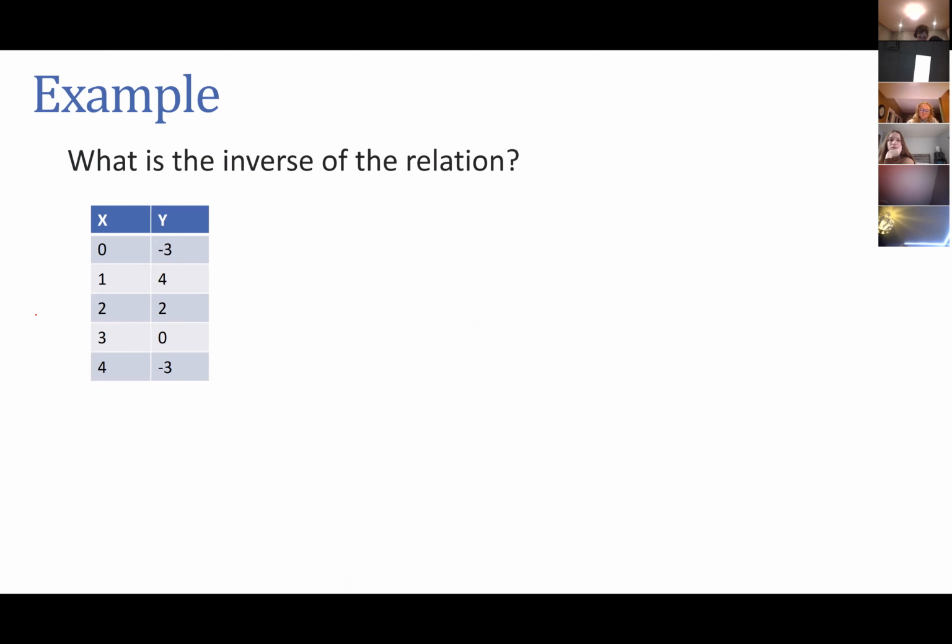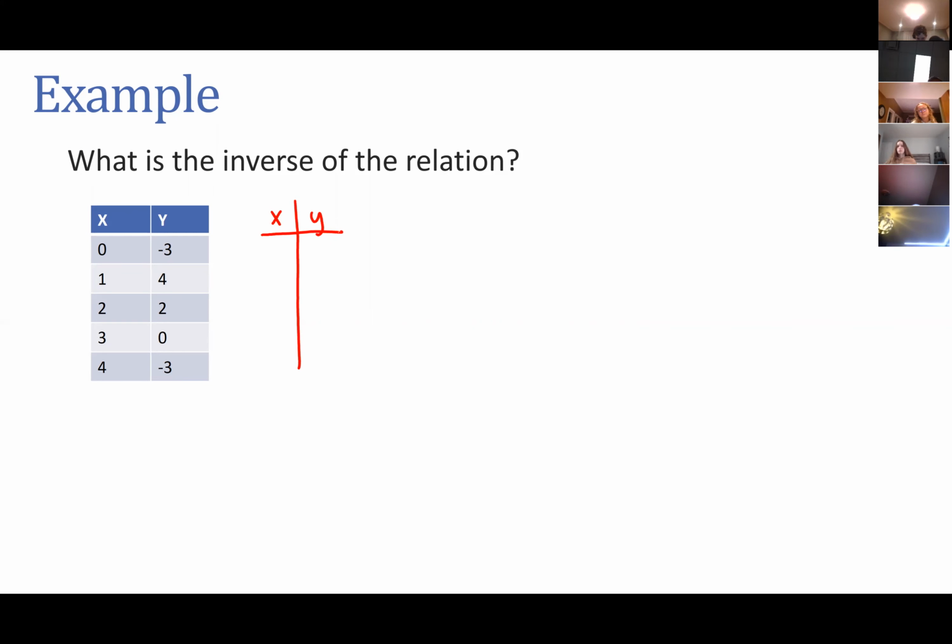All right, so here is a relation. It pairs 5 x's with 5 different y's, and the question is, what is the inverse of the relation? So for our inverse here, all we're going to do is make a new table, and we're going to switch all of our x's and y's.